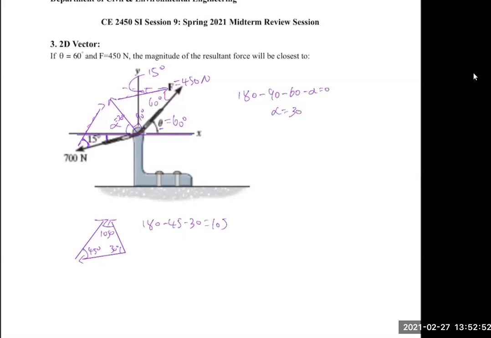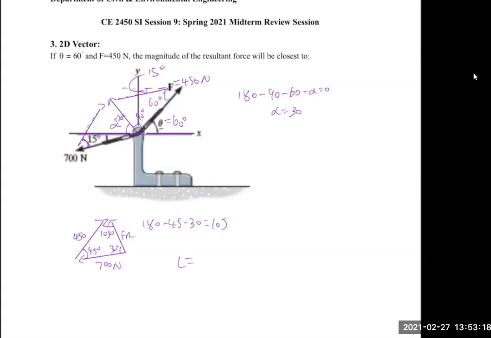Okay, and this one is 700 Newton, right? And then this one is 450 Newton, right? And this is my FR. To find FR, I know that I have two sides given, and I know the angle between them. Then I can use the law of cosine.